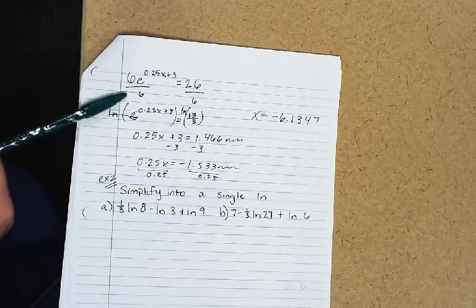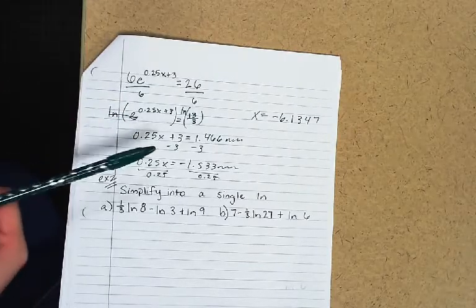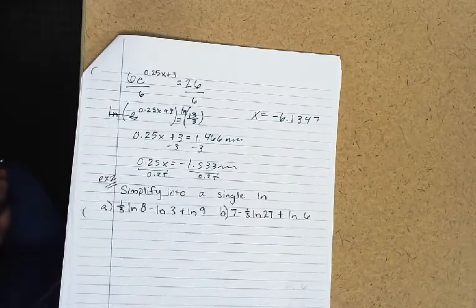First you should have divided by 6, then taken the natural log to undo the e, subtract 3, and divide by 0.25 is how I came up with that.